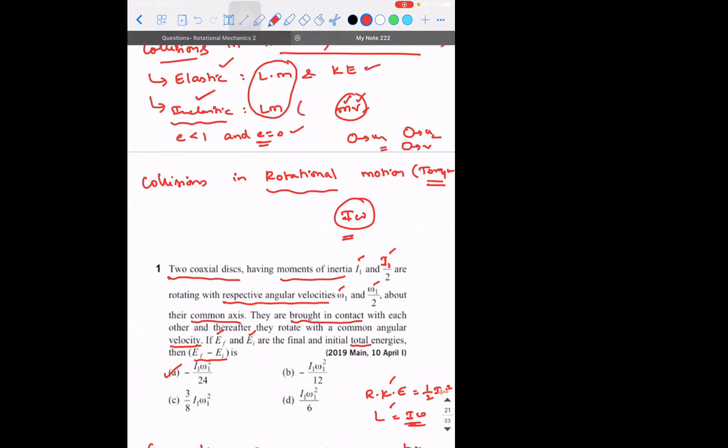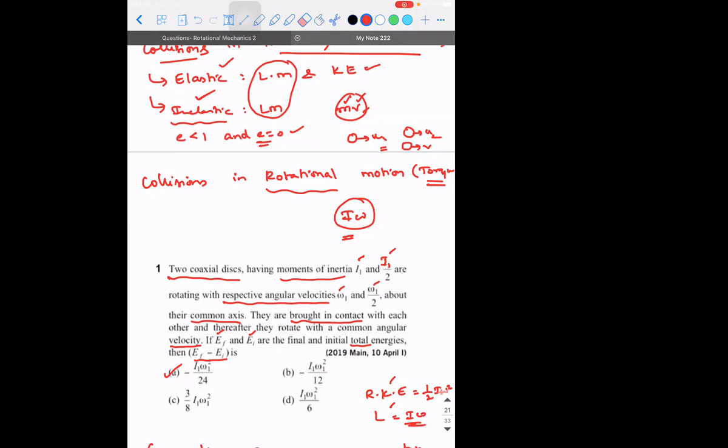We have to understand. See, I have not written kinetic energy, right? So when I say kinetic energy is not conserved, the only thing that could have happened is the final energy has increased or decreased. Remember, in this world, nothing is going to increase without you giving any input.